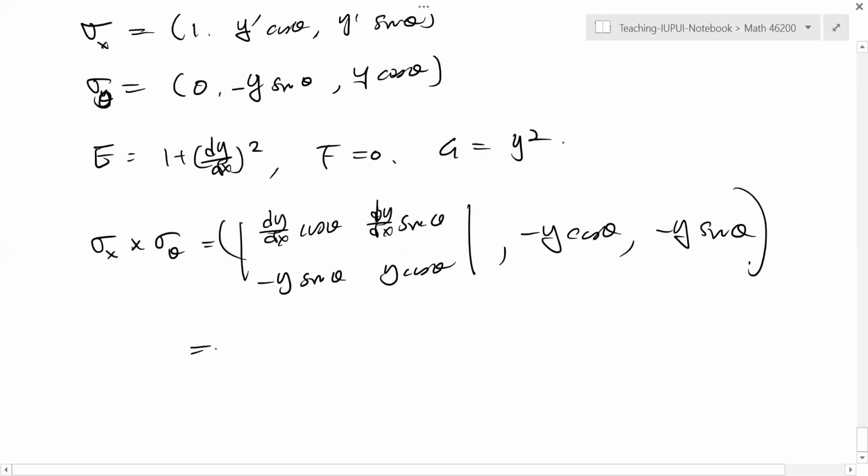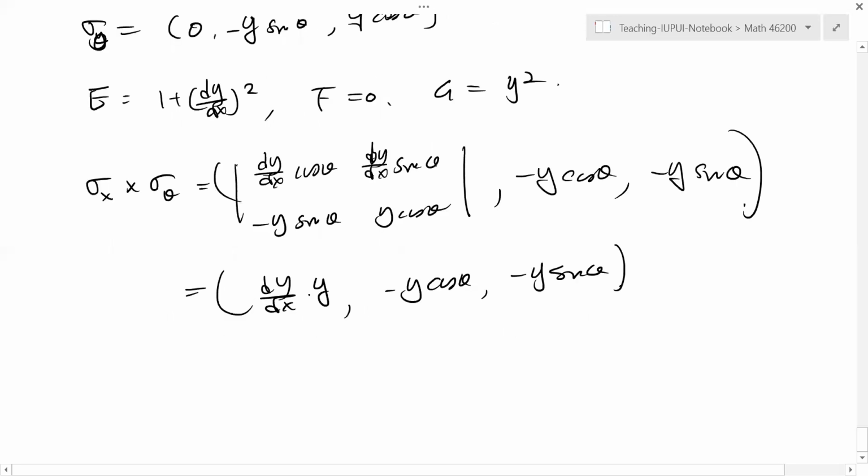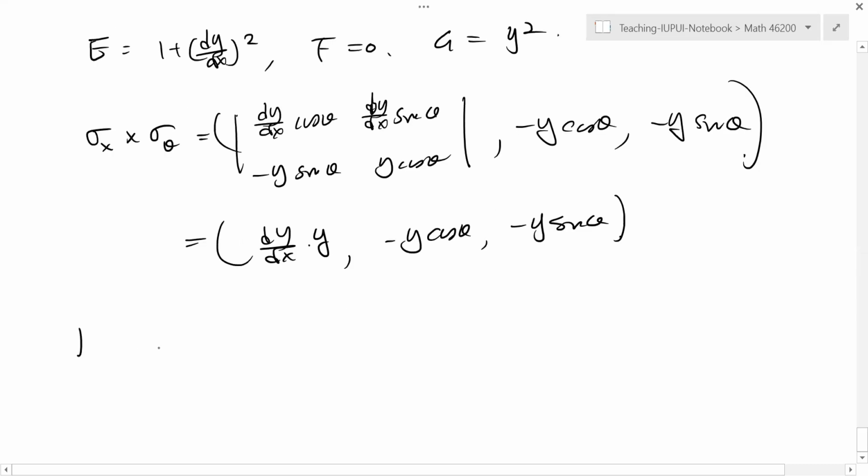Okay, let's compute this one. So dy over dx and the y. Negative y cosine theta, negative y sine theta. Then you have the normal vector, right? All right.